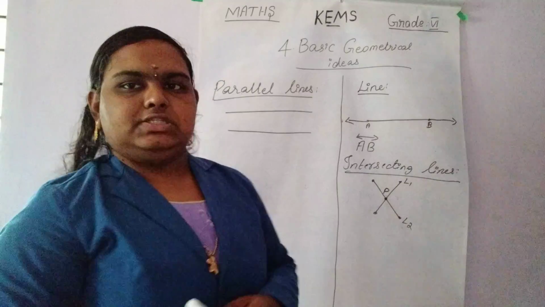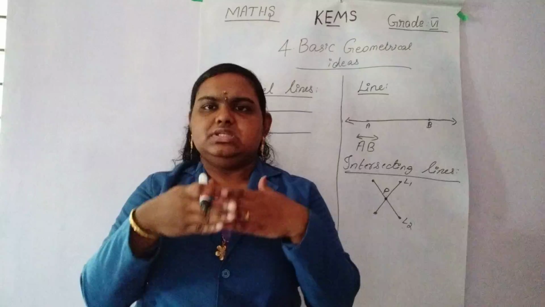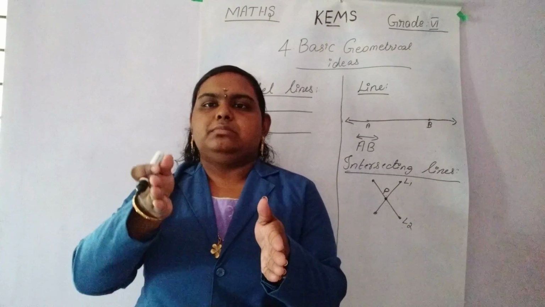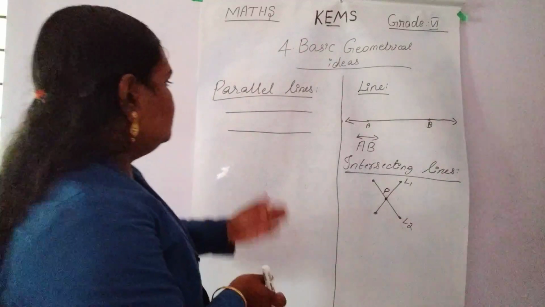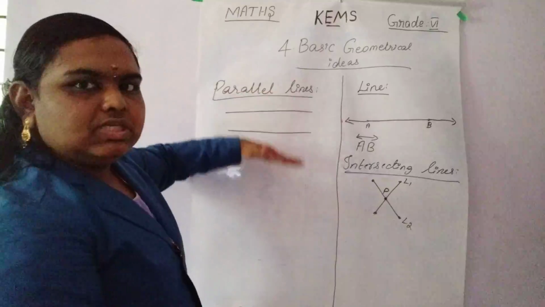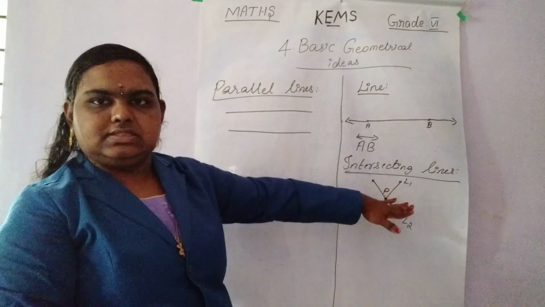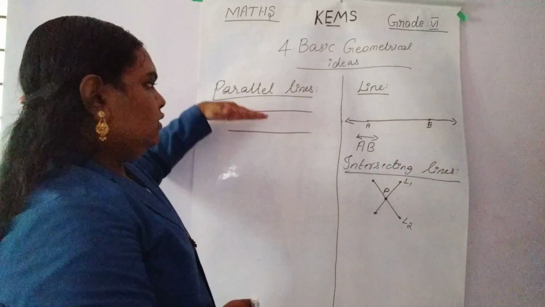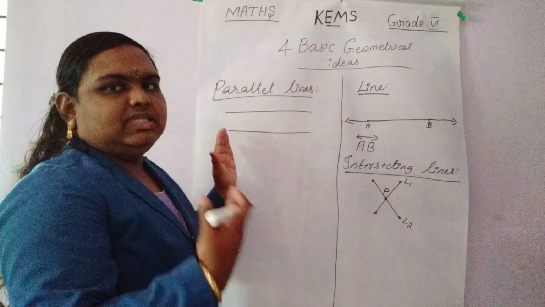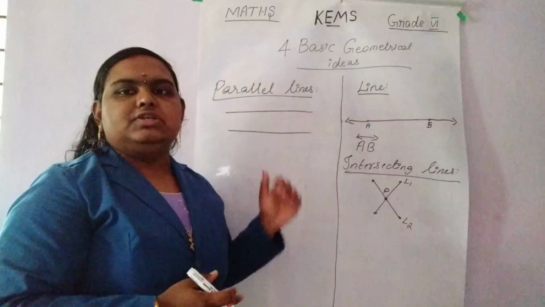If you have seen a railway track, it is parallel lines. It cannot intersect with each other, so that the train can move easily. If lines intersect, they are known as intersecting lines. Lines which do not meet, that is not intersecting, are known as parallel lines. For example, a railway track.